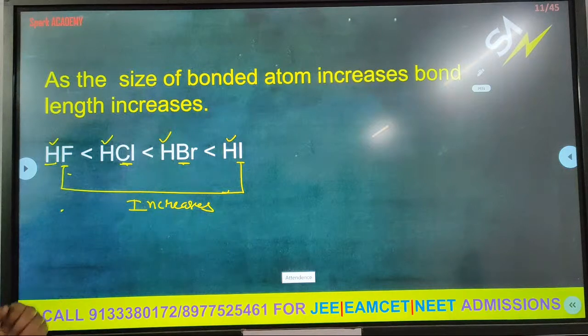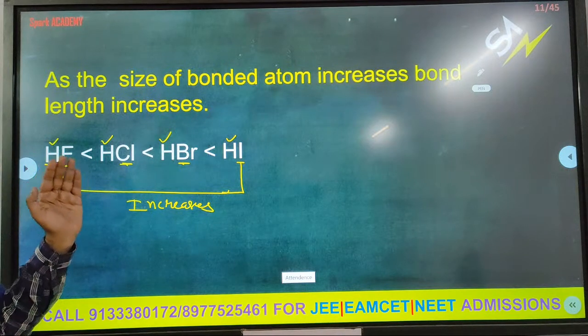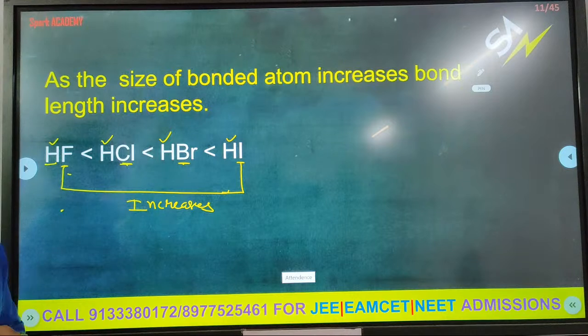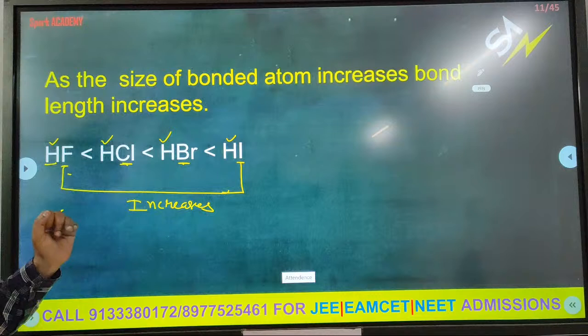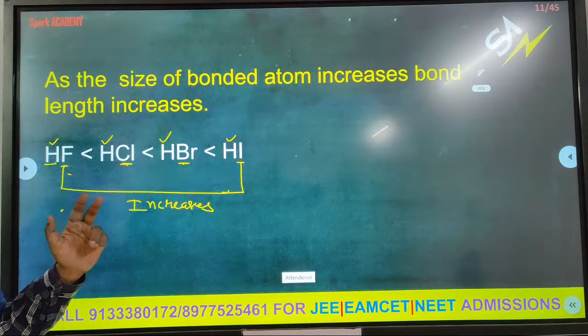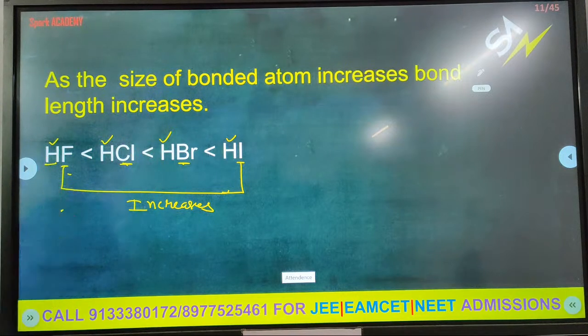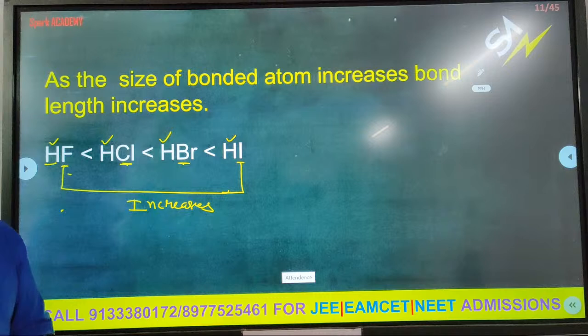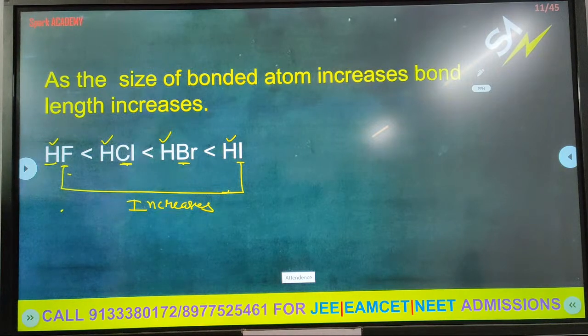So here HF, HCl, HBr, HI. HI has the highest bond length because the iodine size is big compared with fluorine, chlorine, bromine. The size of the iodine is large. So as the size of the bonded atom increases, bond length also increases.